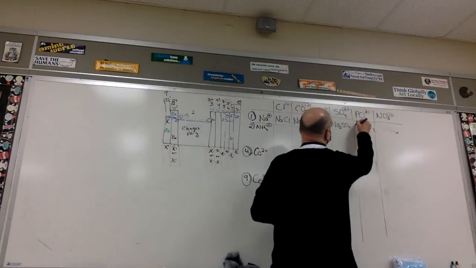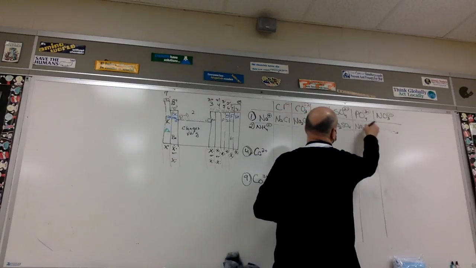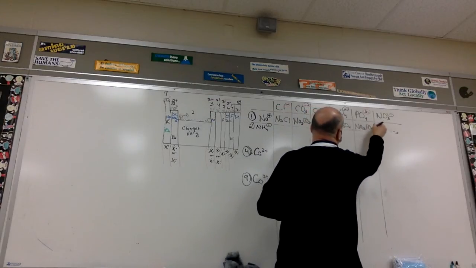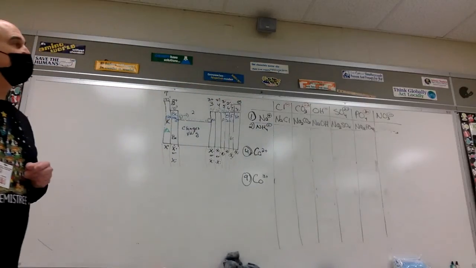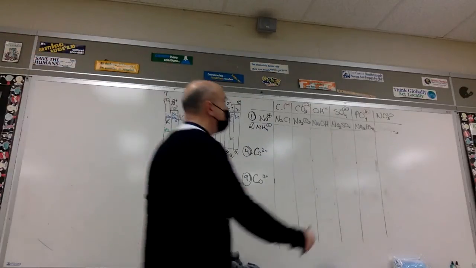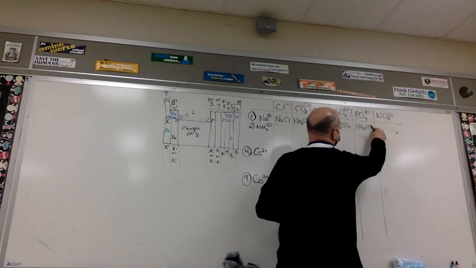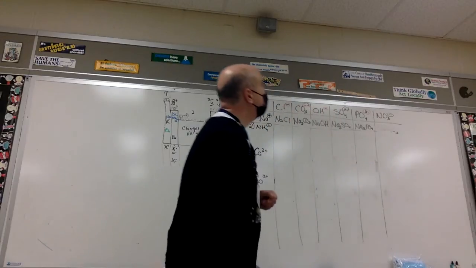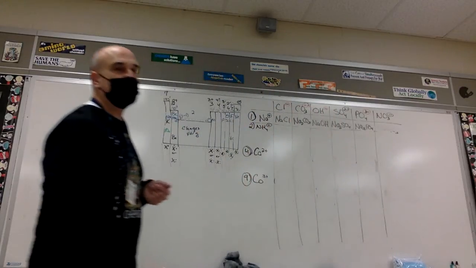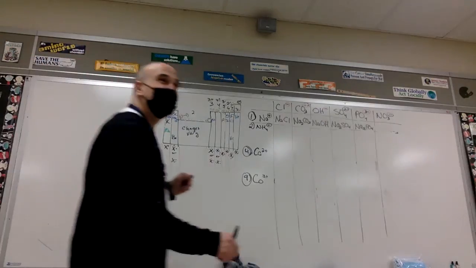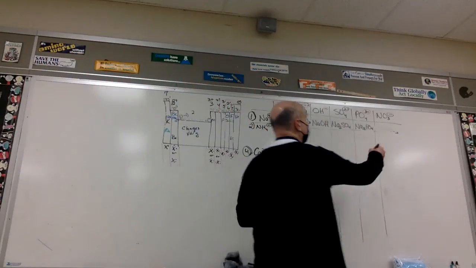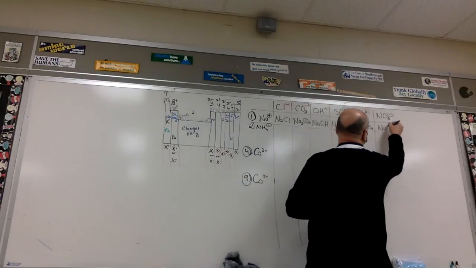Right, I need 3 of the sodiums to cancel out 1 of the phosphates. And then nitrate, NO3 is a -1 charge. So what's that formula? Right, here's what it is. NaNO3.